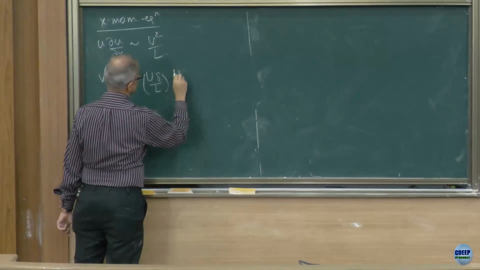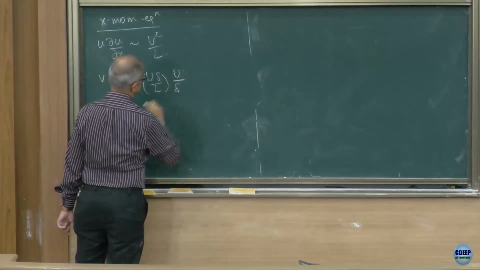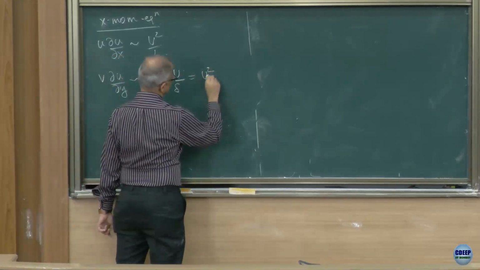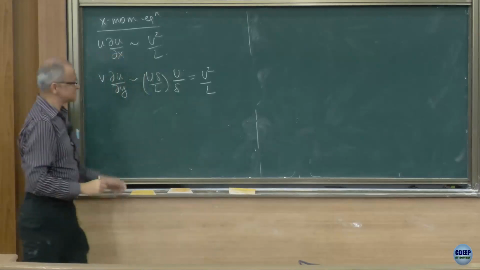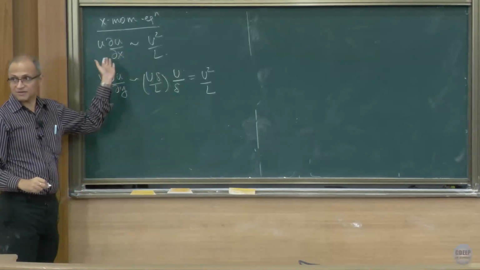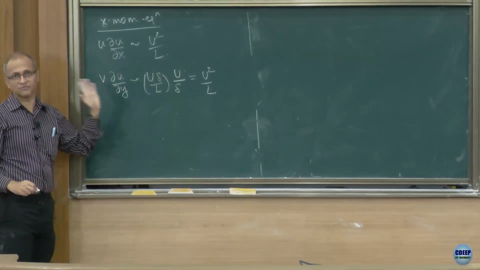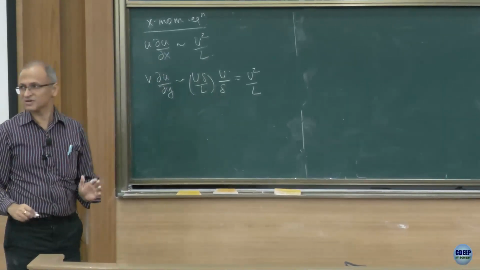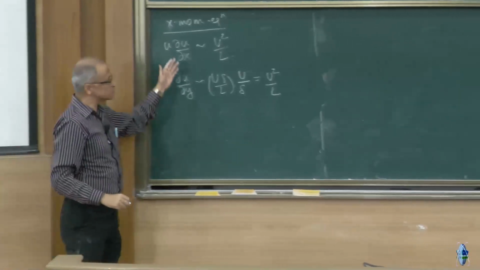U scales as capital U and y scales as delta. So this is equal to U square upon L. Same argument, same thing that we had said earlier. Convective terms will be typically of the same order of magnitude.